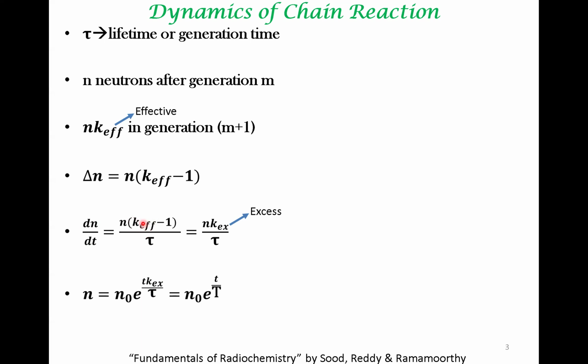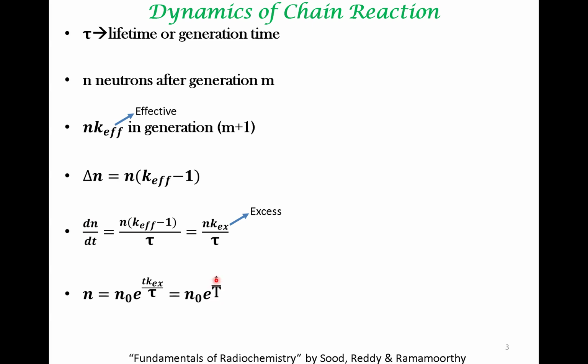It is not just a property of a single reaction, but more to do with many other factors. So this is typically obtained either via experiments or via simulations. So all these factors, that is K excess by tau, can be combined into this. This is called the reactor time period.